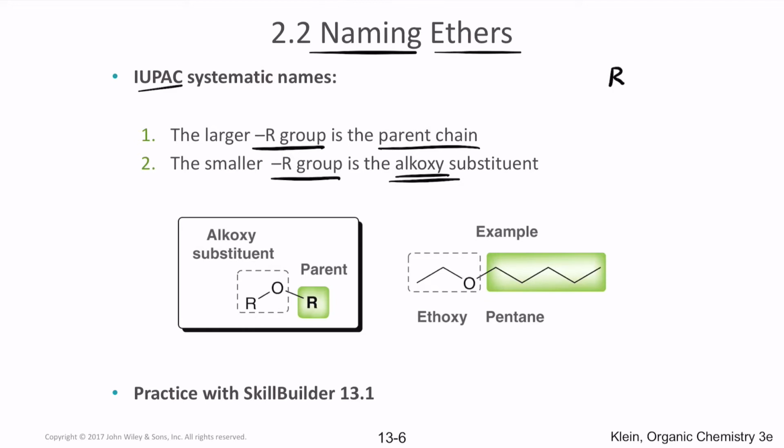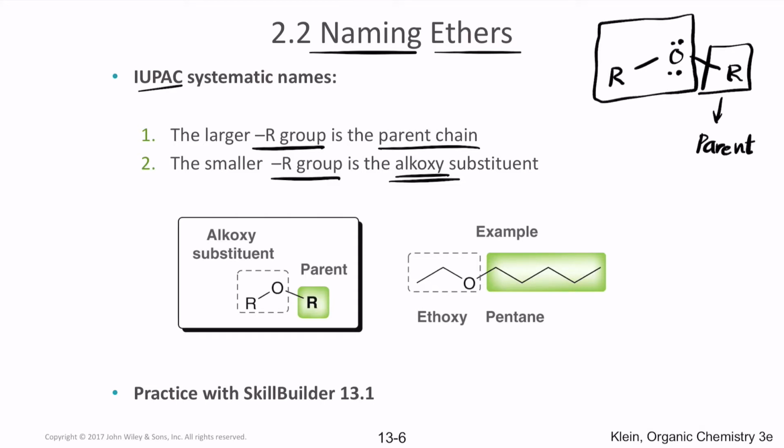If you take a general structure of an ether, the longer, larger carbon chain becomes the parent, and the one that is left out becomes the alkoxy substituent. For example, in this compound the largest structure is pentane, and there is an ethyl group, but there is an oxygen attached, so it becomes an ethoxy group. So the final compound is ethoxypentane.